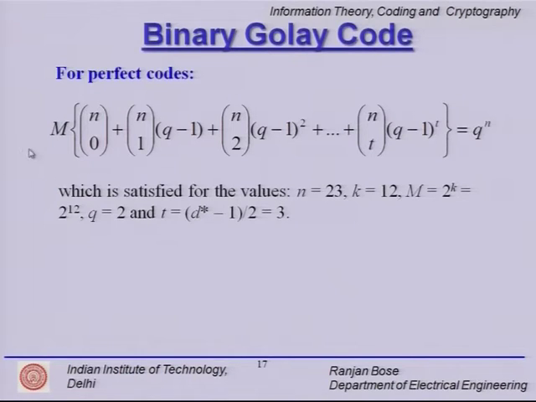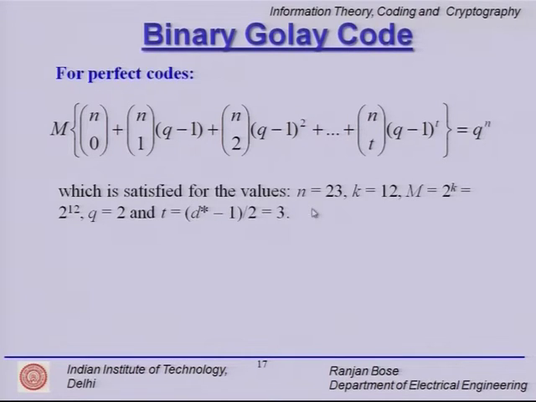If you try out different integer values of n, k, t and q, and since we are looking at binary, q = 2, we would get n = 23, k = 12, M = 2^12 and t = 3, satisfying this condition.